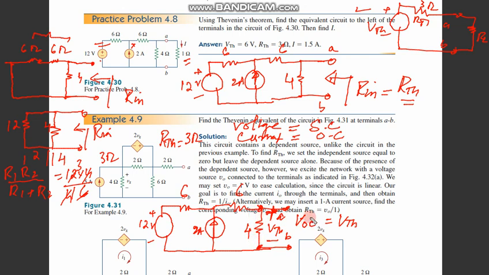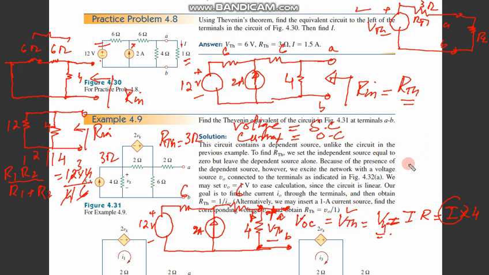So if we find V4, the voltage across the 4 ohm resistance, which is equal to I times the resistance, we don't know I, and the resistance we know is 4. So we need to find the current in this branch, and then we can find the voltage V4, and it will become V Thevenin.